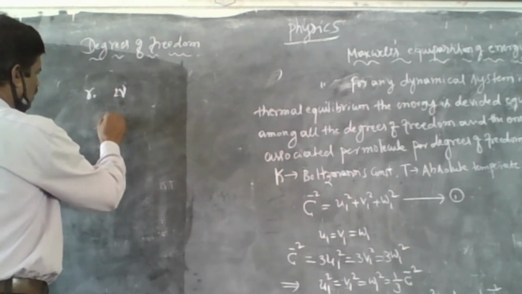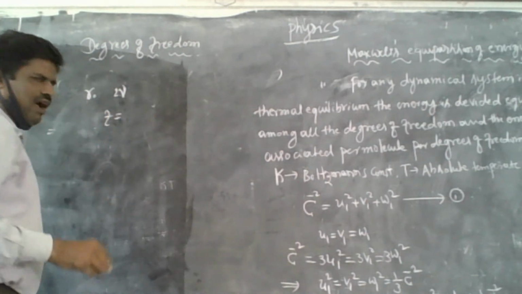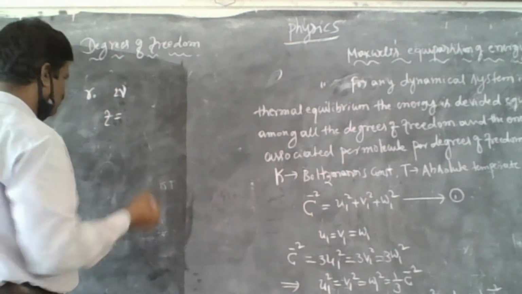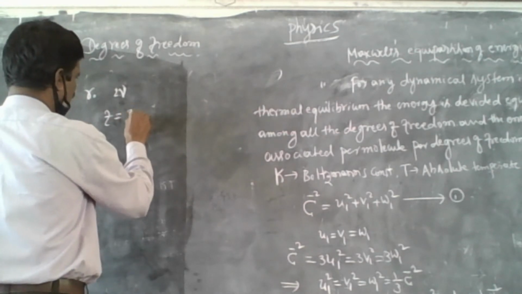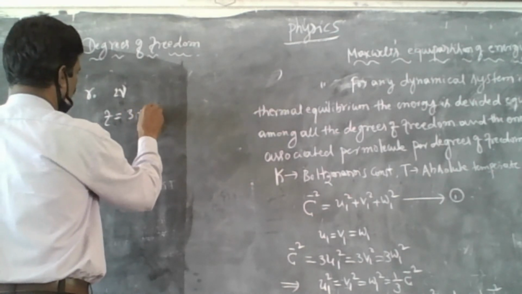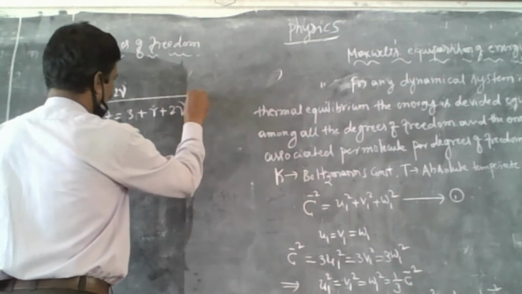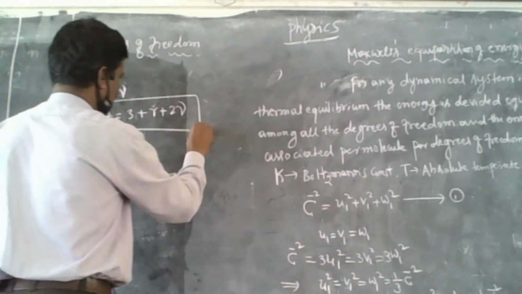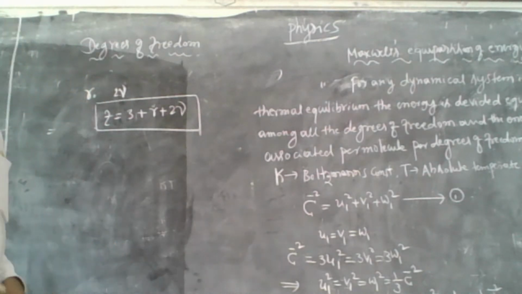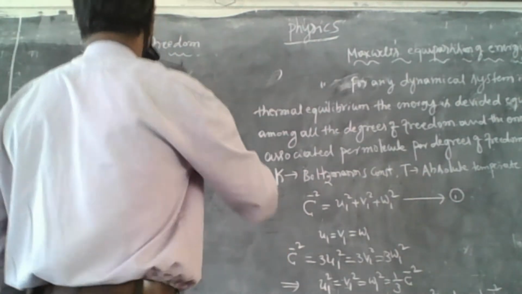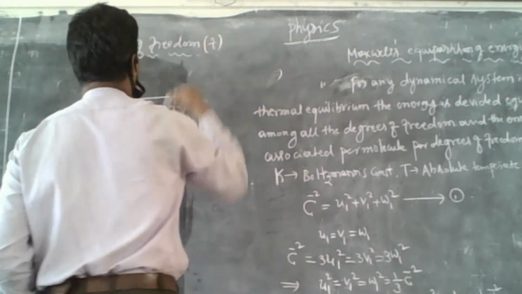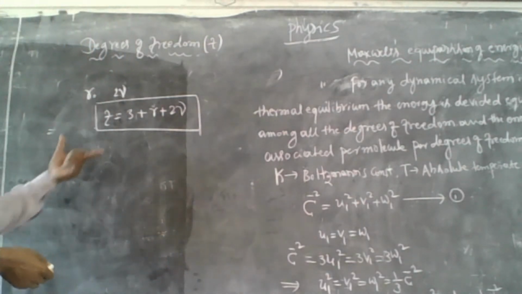Therefore, the total degrees of freedom of the gas molecule is 3 plus R plus 2 nu. This is the degrees of freedom equation. What is F? F is known as degrees of freedom.